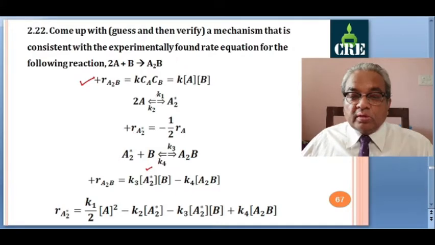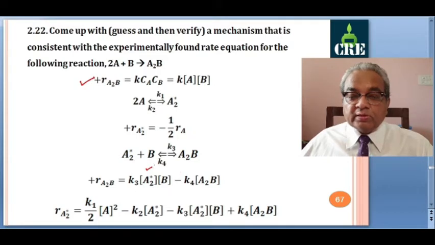So K1 [A] square, we are not writing in terms of rate of A, so we have to include this half term. Okay, so A2 star is formed by this forward reaction. So K1 by 2 into concentration of A square minus K2 into concentration of A2 star.